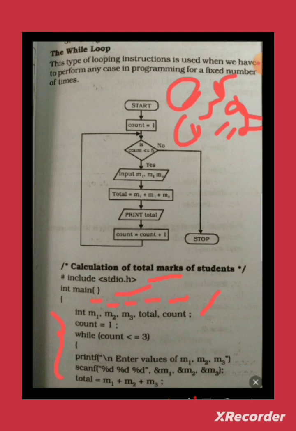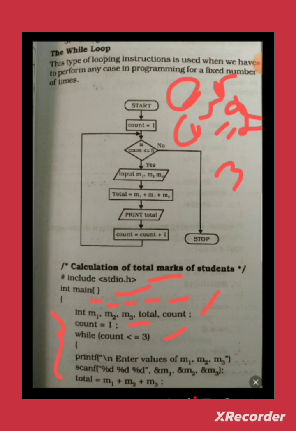Now I am giving count equals 1, which means it will calculate the first student's total marks. Now this is the syntax for using the while statement: while count is less than or equal to 3. Why less than or equal to 3? Because I need 3 students' total marks.